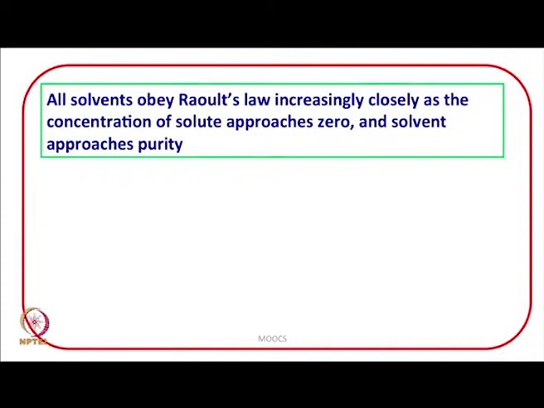We also discussed previously that all solvents obey Raoult's law increasingly closely as the concentration of solute approaches 0 and the solvent approaches purity. This I showed on a one component diagram in the previous lecture.